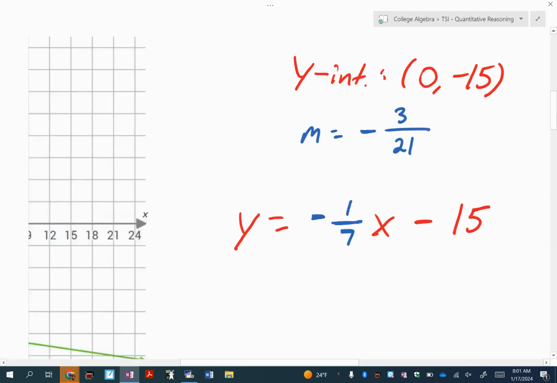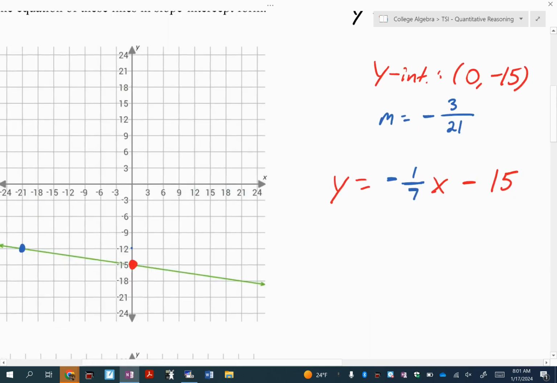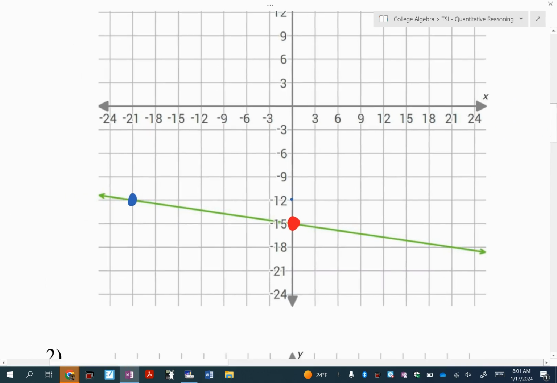Now, before I move on from this question, do you notice how if you were to move up or down or left or right, each tick mark is 3 units? See how this says 0 to 3 and 0 to 3? So instead of doing 3 over 21, I would just do up 1 and then 1, 2, 3, 4, 5, 6, 7.